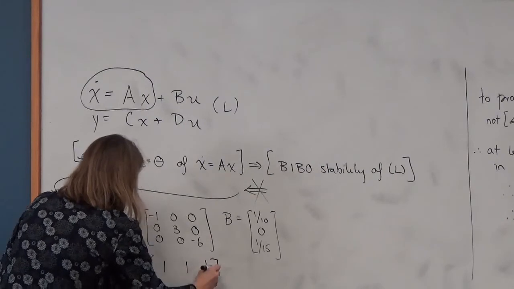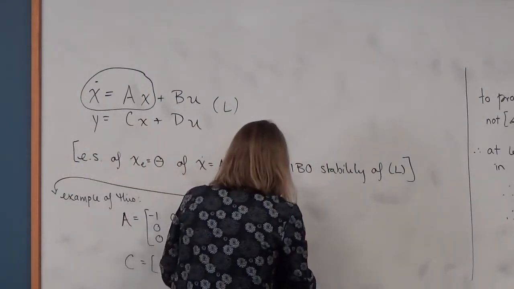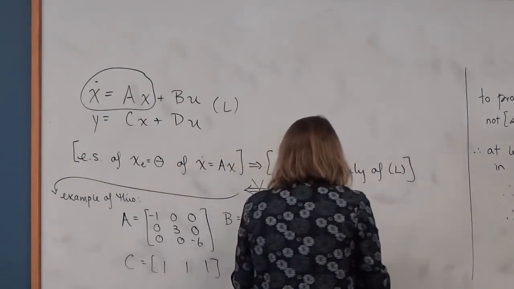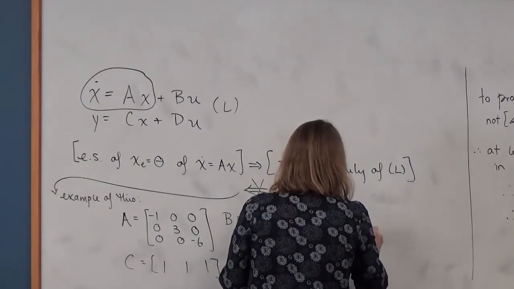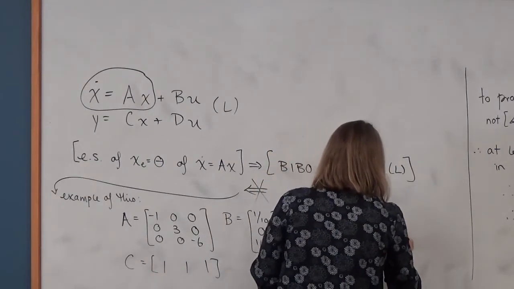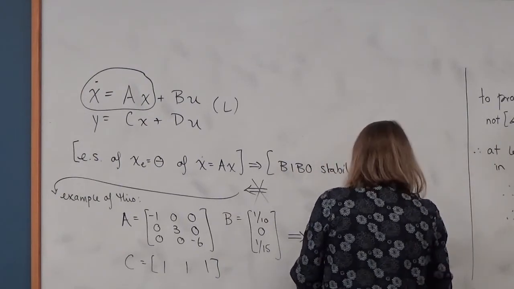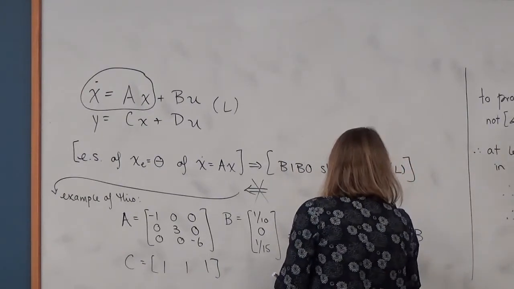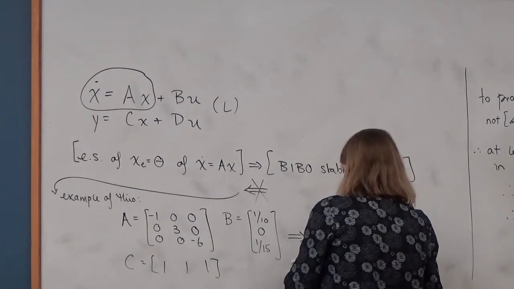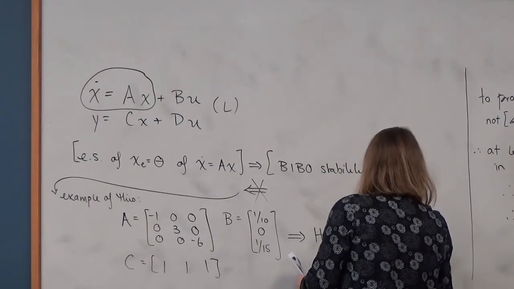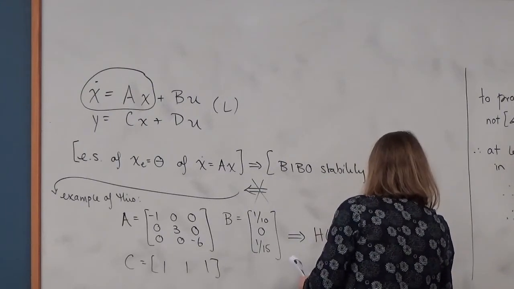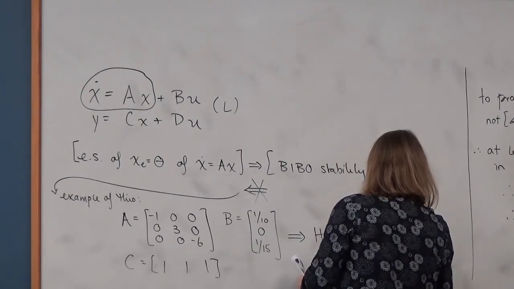And here's a C. We've computed the transfer function H(s), which is C (sI - A) inverse B. There's no D. If you go ahead and compute this, you see that though the system itself has an eigenvalue at 3, that eigenvalue at 3 is hidden in the input-output response.